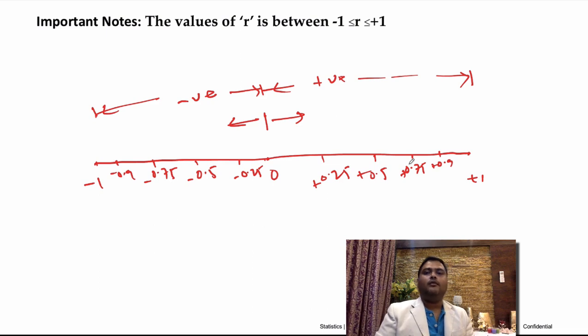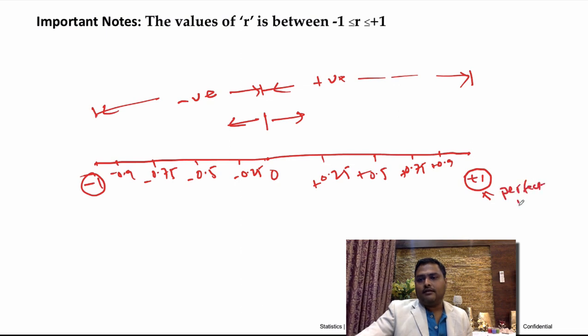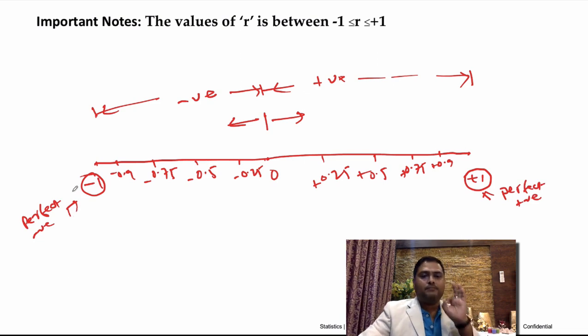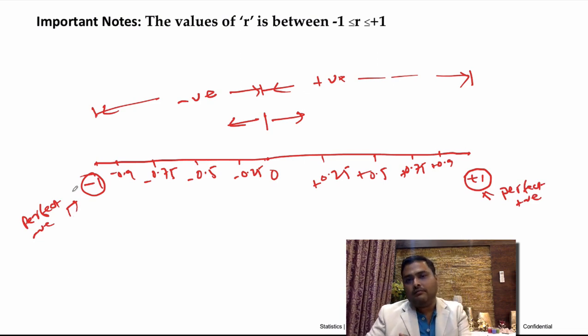Now the moment you get the value after using the formula and any of the methods, if you are getting the value of plus 1 or minus 1, then I will say it is perfect positive correlation and perfect negative correlation. Perfect means it has the perfect minus 1 value or the perfect plus 1 value.